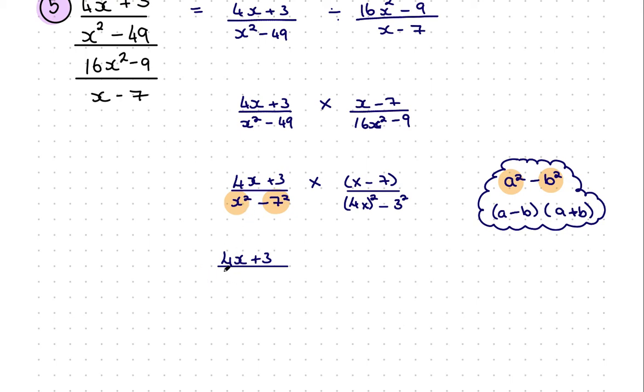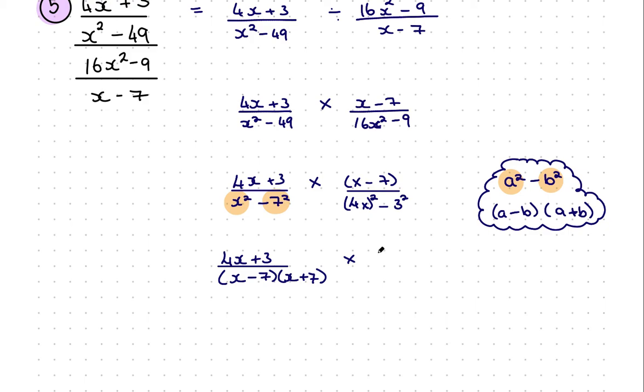And then on the bottom here, what I'm going to get is x minus 7, because I'm following this rule, a minus b, and then it's going to be a plus b, which in our scenario, a was x and b we said was 7. So that's what I have there.